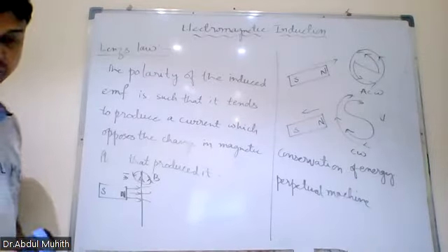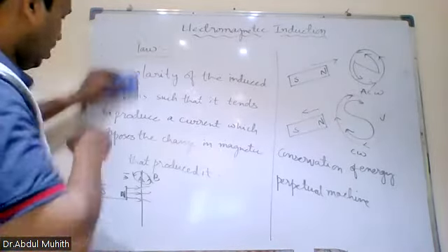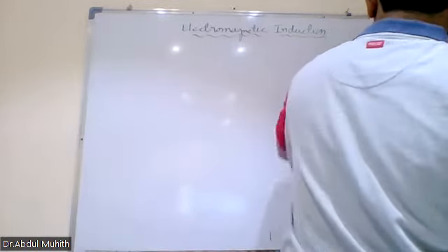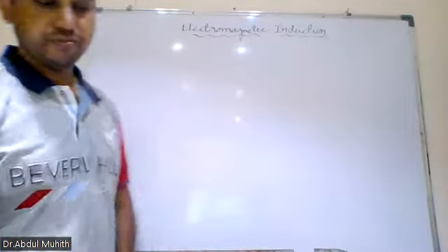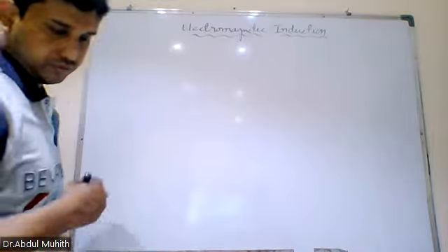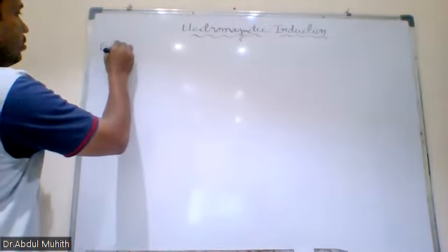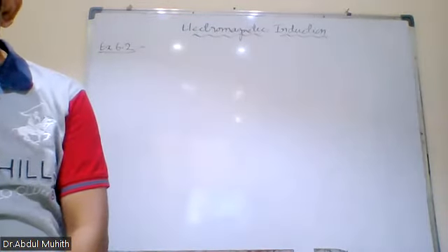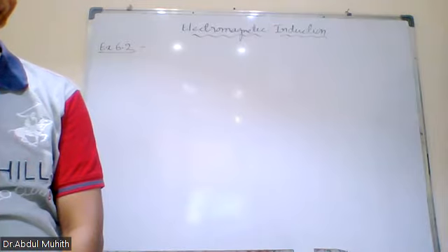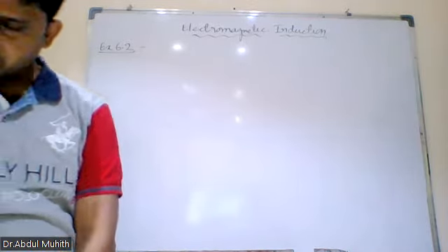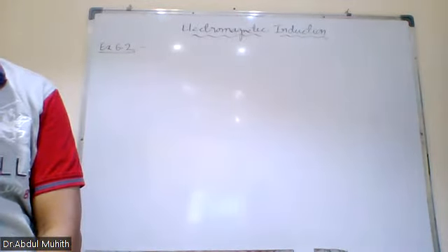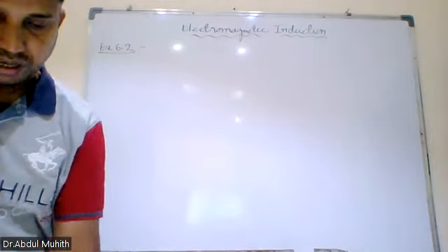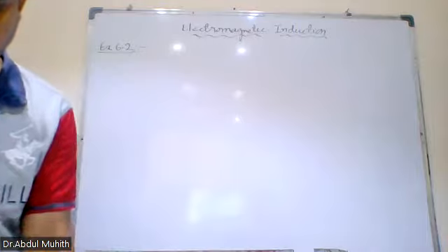Okay. So example 6.2. In example 6.2, he says that there is a square loop of side 10 centimeter.